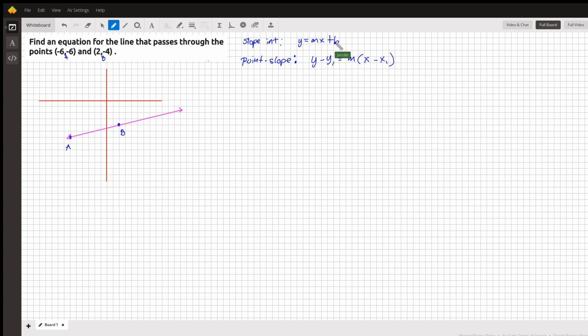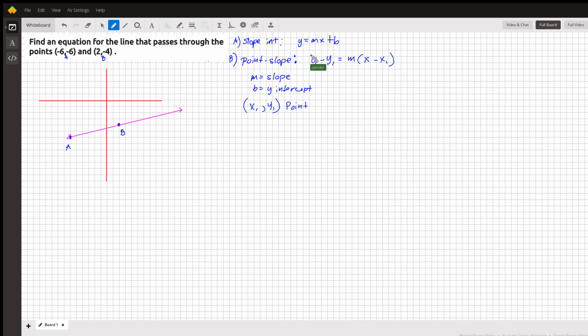Here m is the slope for both, b is the y-intercept, and (x1, y1) is a point. So it depends, either you use A or B.